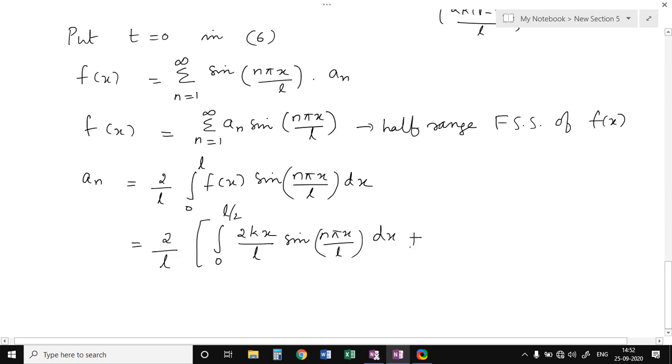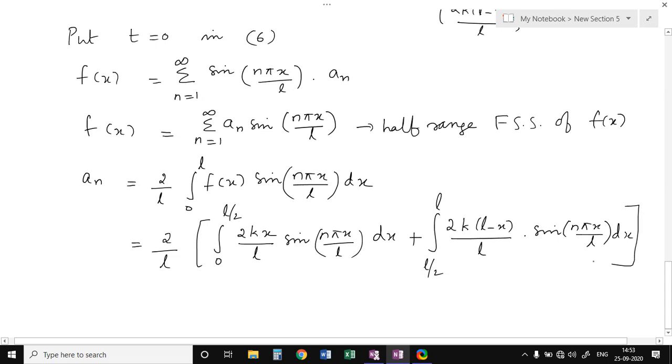That is the value of f(x) in the interval 0 to L/2. Now, the limits of the second integral are L/2 and L, and the value for f(x) is 2k(L−x)/L, then multiplied by sin(nπx/L) dx.